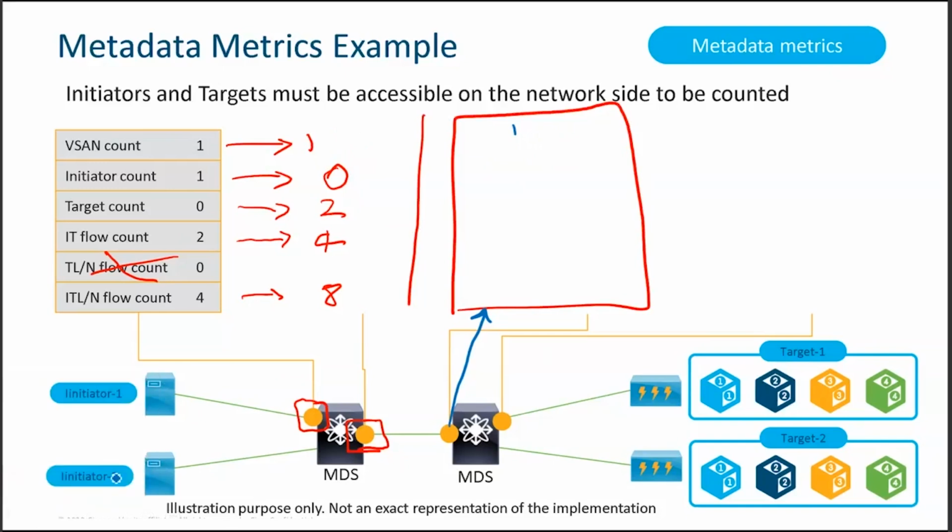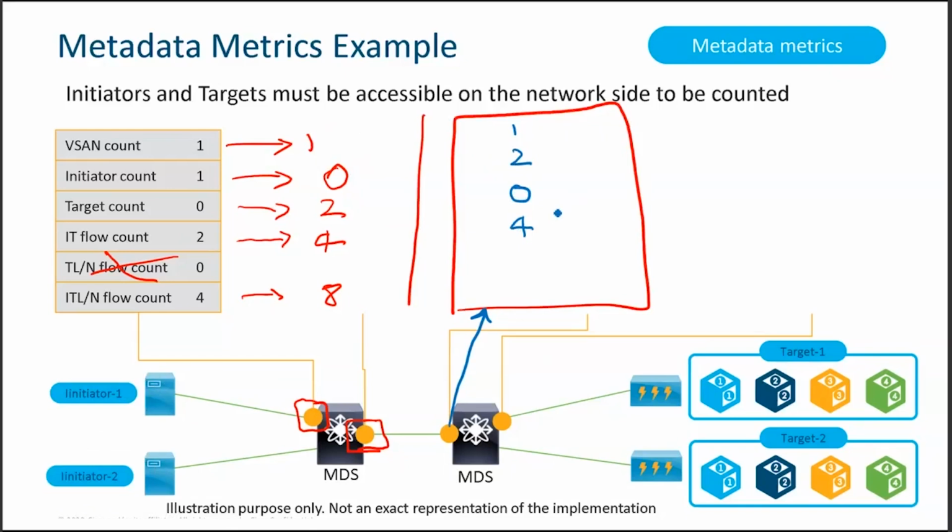Okay. How many initiator counts do you have now? In this theory, it's 2. Yeah, absolutely, that's right. How many targets do you have? None. 0. Yeah. How many IT flow counts do you have? Same, right? Now IT is all over the place, right?